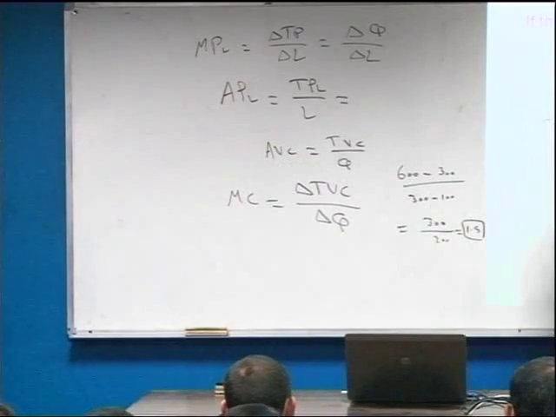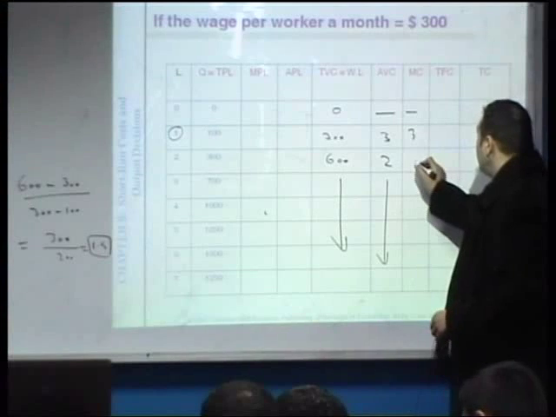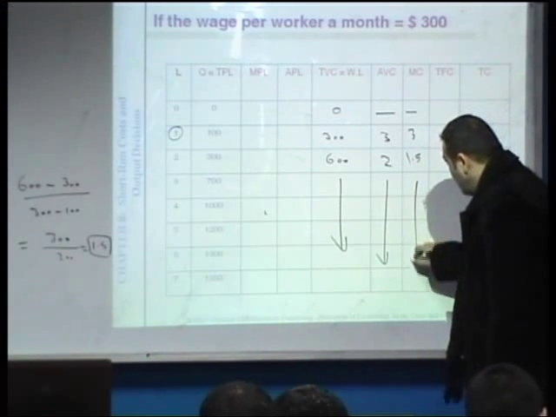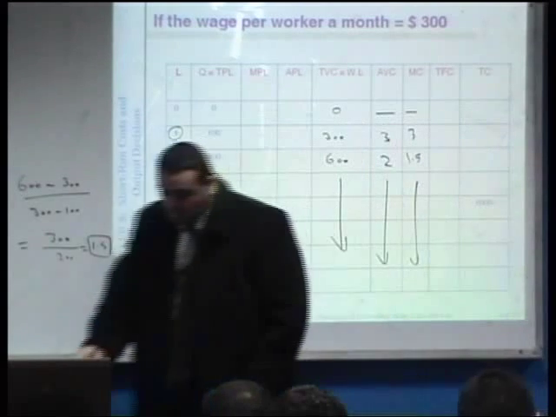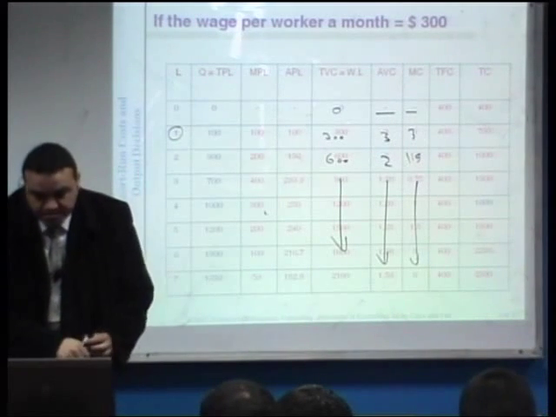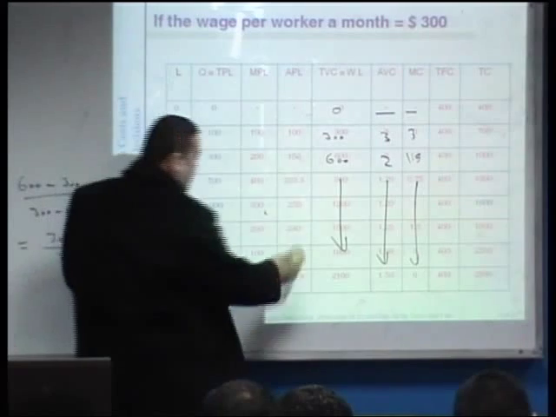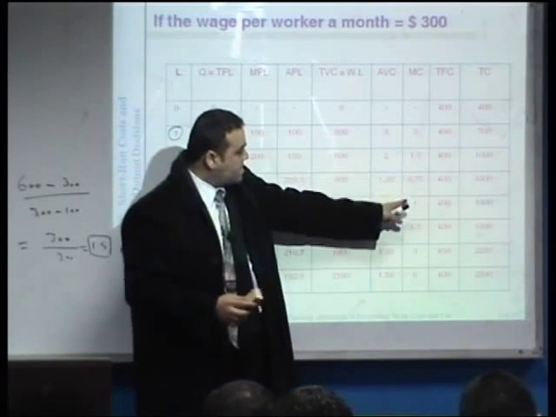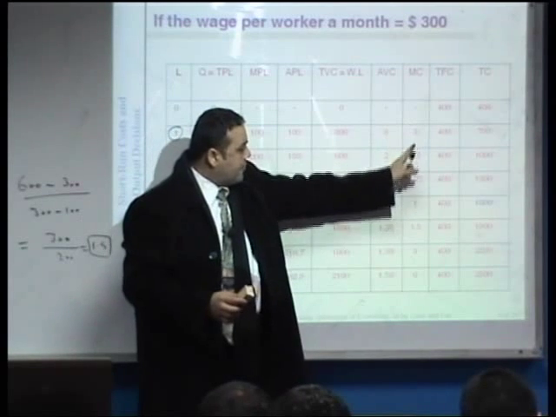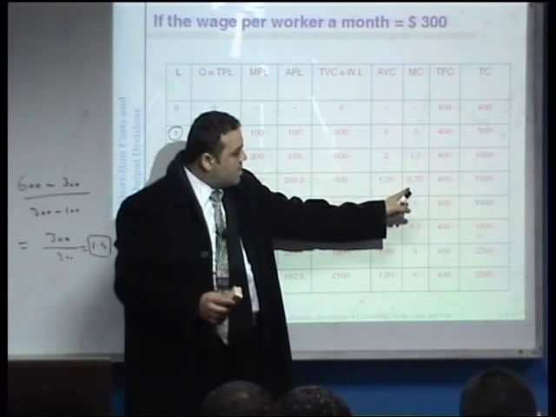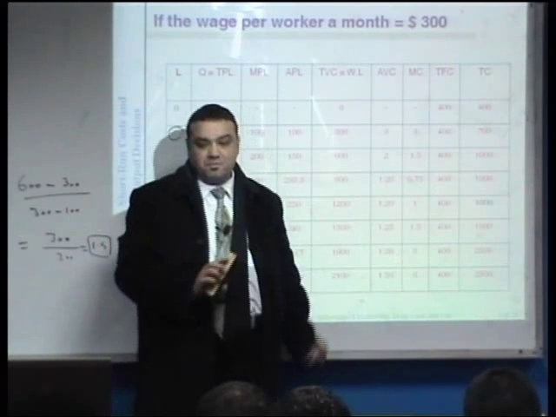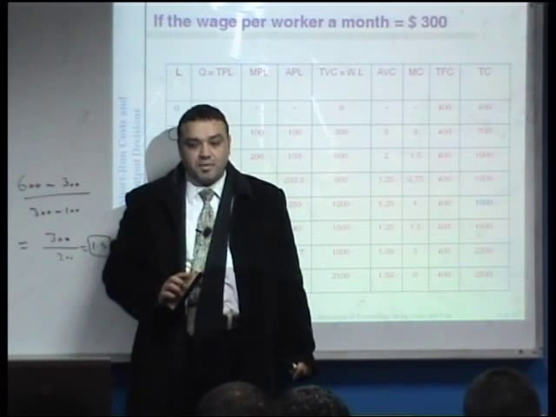So in this case, the marginal cost equals 1.5, and so on. The results are available here. As you see, the marginal cost in this case is 3, 1.5, 0.75, 1, 1.5, 3, 6. Right? You can write it down.